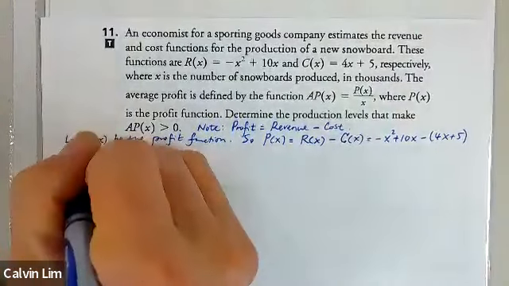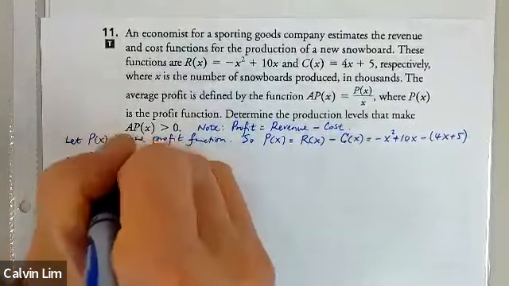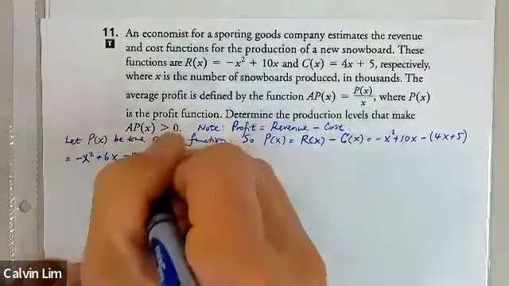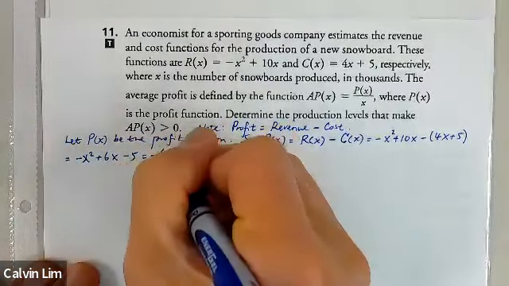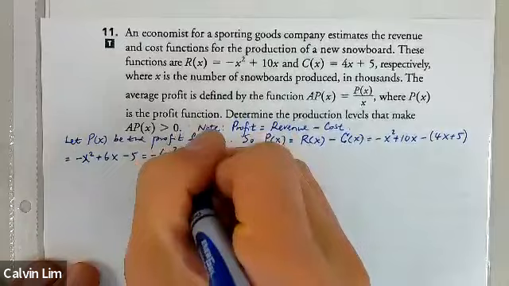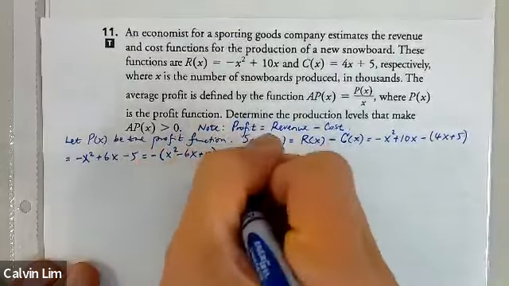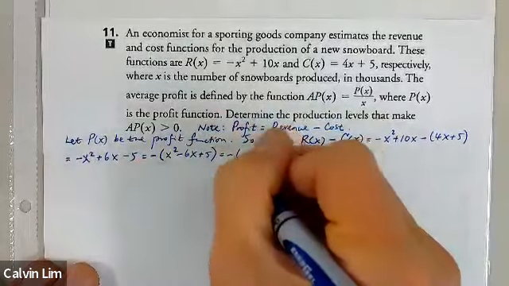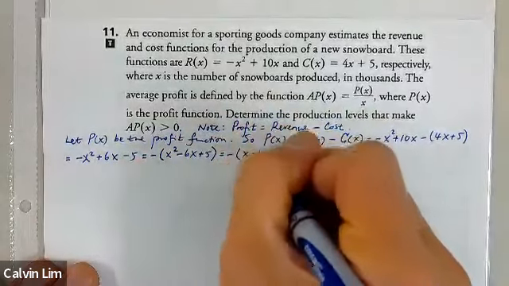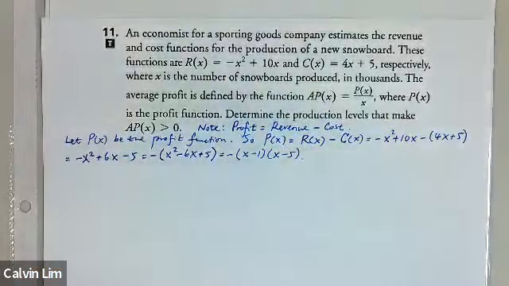So that equals negative x squared plus 6x minus 5. Common factoring out negative 1 gives me negative 1 bracket x squared minus 6x plus 5. Factoring gives me negative x minus 1, x minus 5. So that is the profit function. Okay.